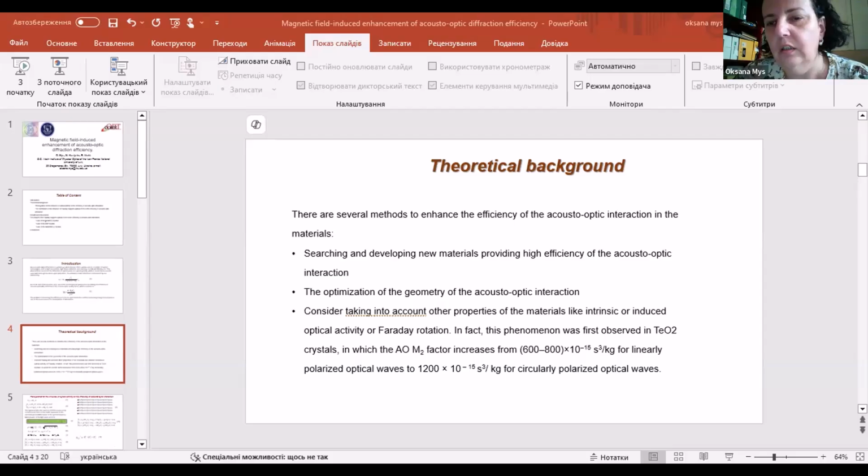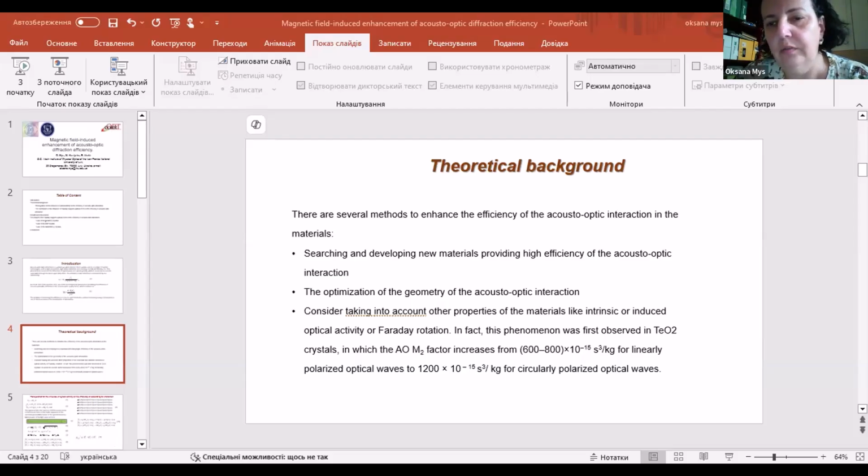If you know the components of the displacement vector, we will see that the appearance of ellipticity of incident optical waves results in additional components of the elasto-optic tensor, and of course this results in increasing the effective elasto-optic coefficients.